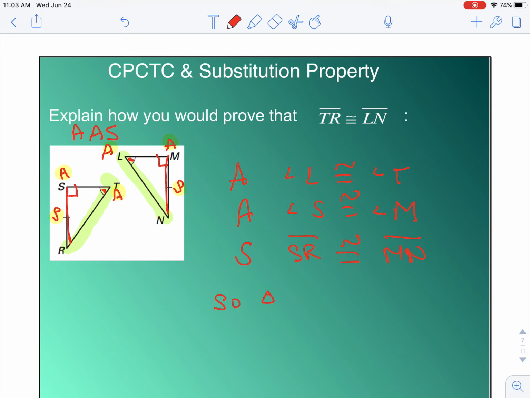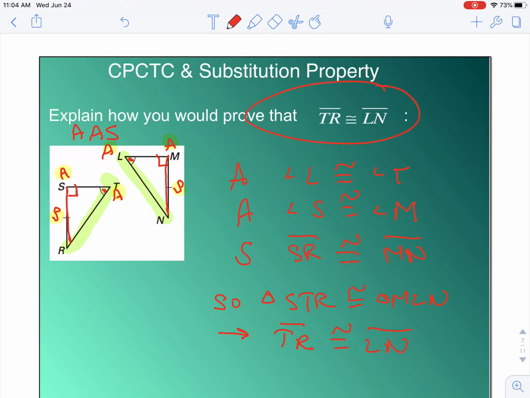So triangle STR is congruent to triangle MLN using angle, angle, side. And therefore, because corresponding parts of congruent triangles are congruent, we can now say that TR is congruent to LN.